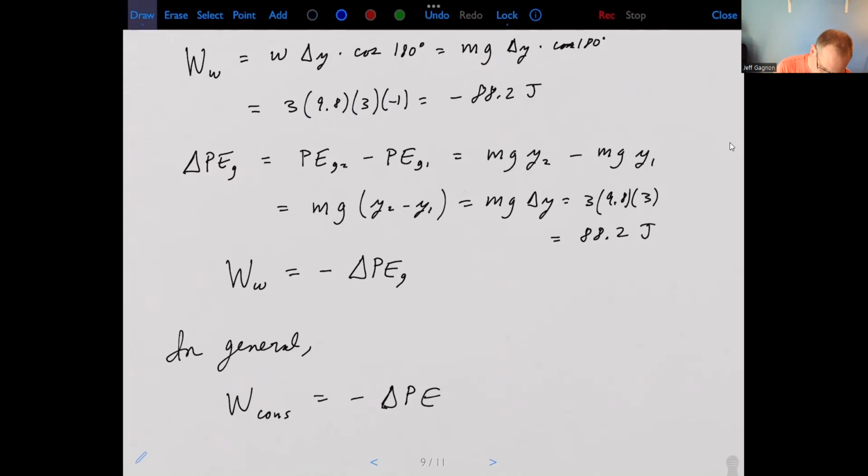So the work done by the conservative gravitational force, the weight, is going to be equal to minus the change in gravitational potential energy. Knowing that will help us solve different types of problems. Let's go back and revisit the work energy theorem.